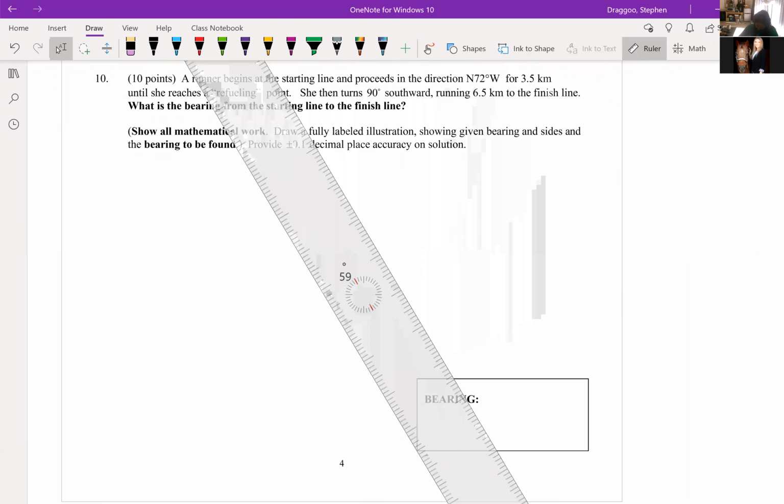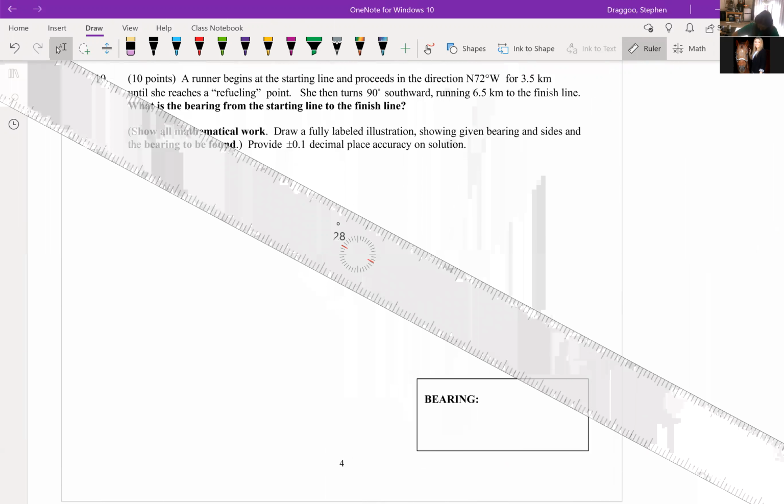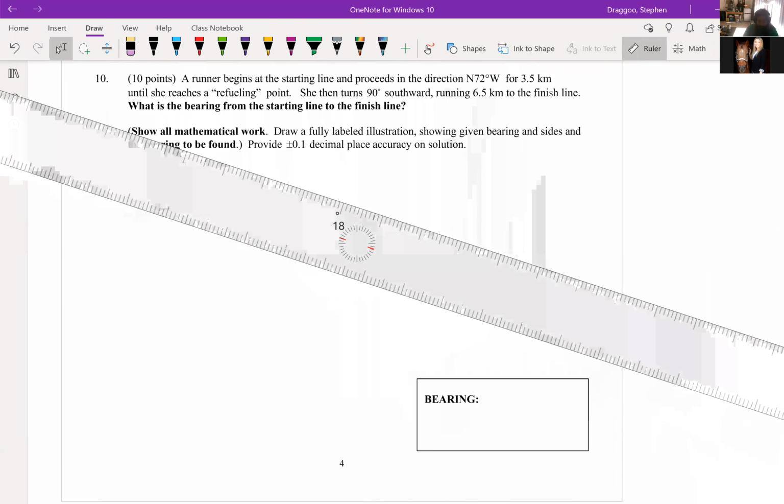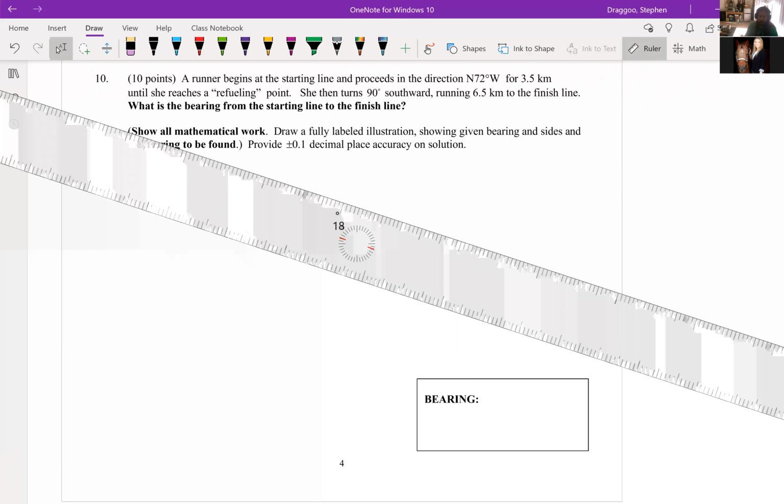If I do that with this ruler, I'll end up with an 18-degree angle, since 90 degrees minus 72 comes out to 18. There we go.